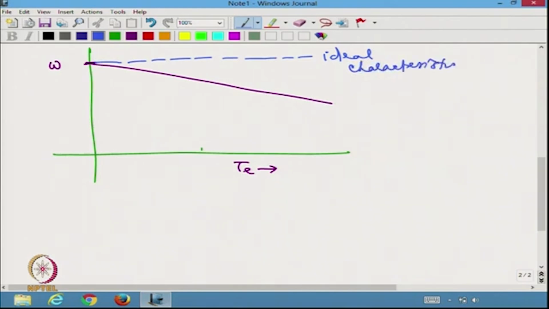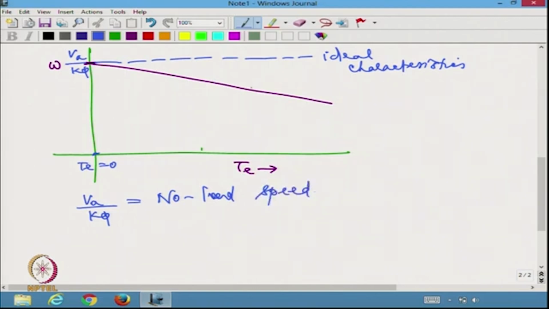But because I have an armature resistance, there is going to be some drop in the voltage which will also cause a drop in the speed. So, if I may call this point VA by K phi, which corresponds to the torque equal to 0 point, I can call VA by K phi the no load speed, that is the speed when torque is 0.